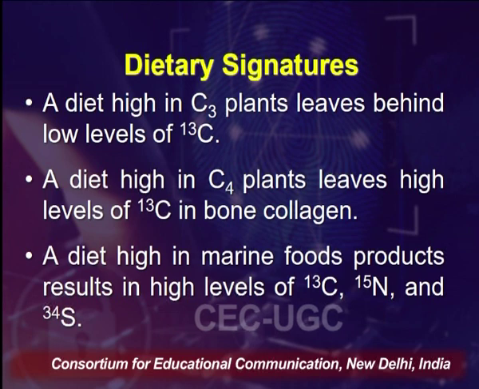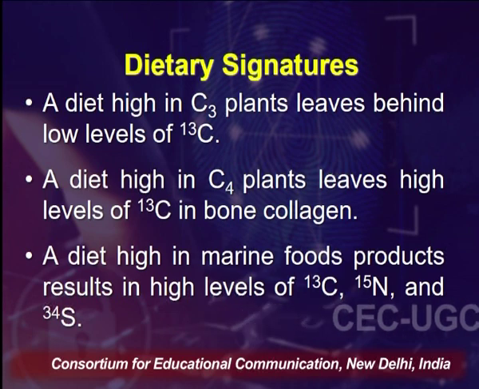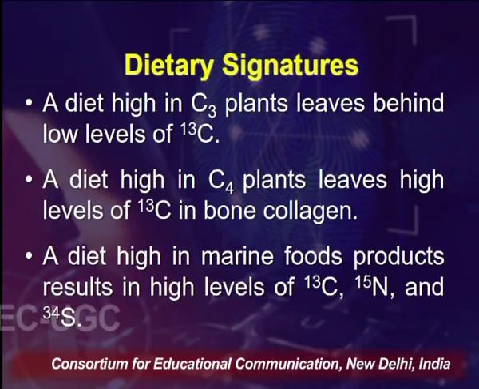Also, a diet high in marine food products results in high levels of 13C, 15N and 34S. So, depending upon that, the stable isotope results demonstrate clear and interpretable isotopic patterns relevant to forensic reconstruction. The observed isotope ratios provide meaningful discrimination of dietary or geographic inputs, supporting their utility in individual profiling and provenance assessment.